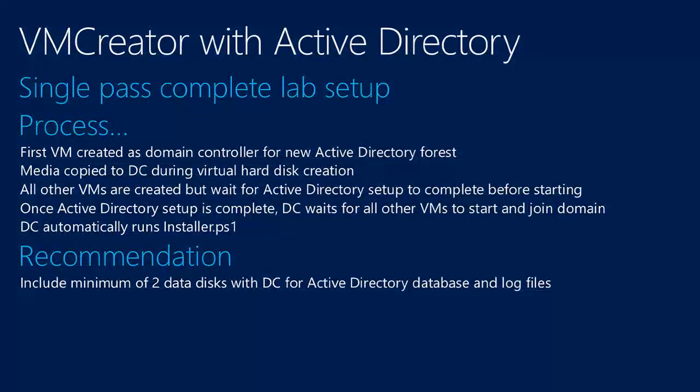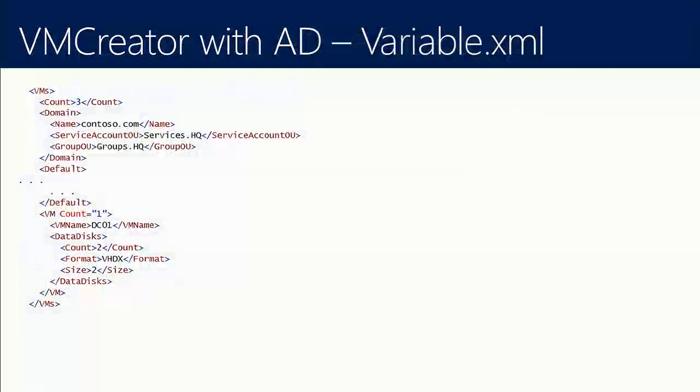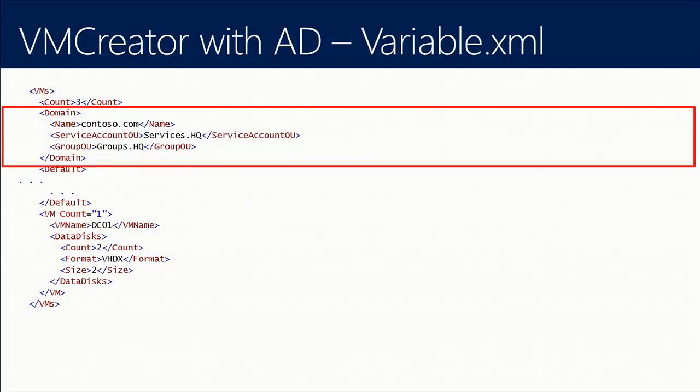The first machine will install itself as a domain controller, and then it waits for all the other VMs to be joined to the domain. Once those other VMs are joined, it automatically runs the PDT installer, which we'll talk about in a moment, to go and do the deployment. The only thing you need to do to make that happen is add one extra section in the variable file in VMs and say this is a domain deployment.